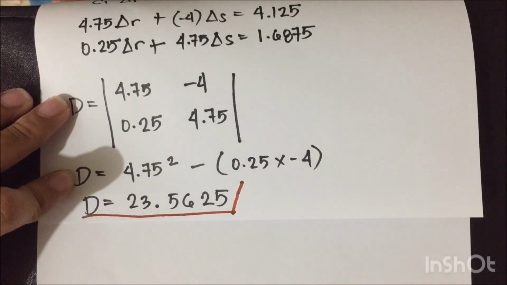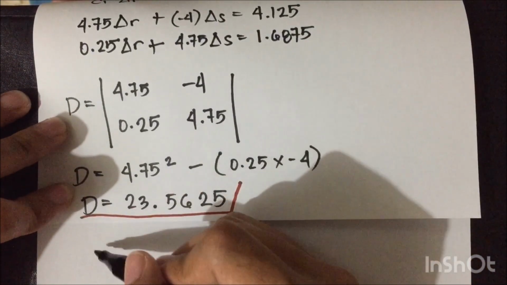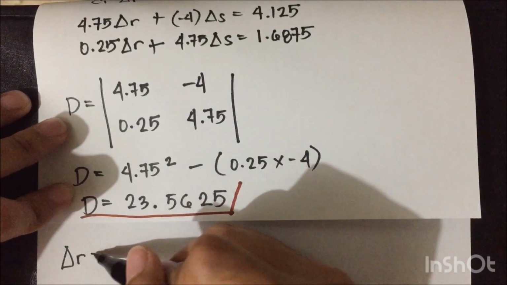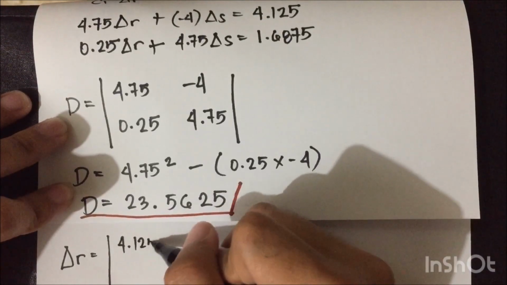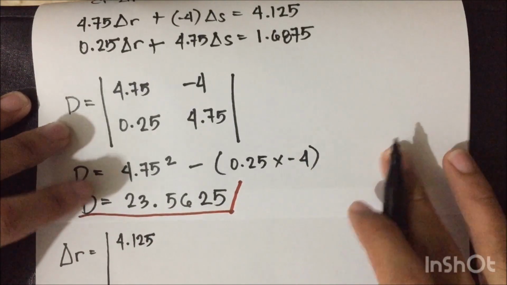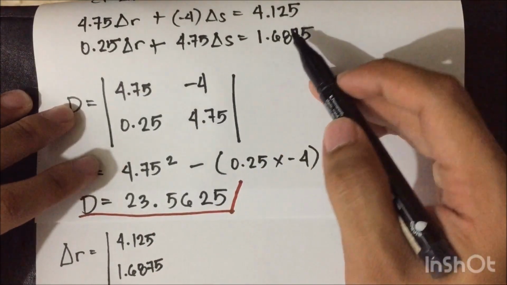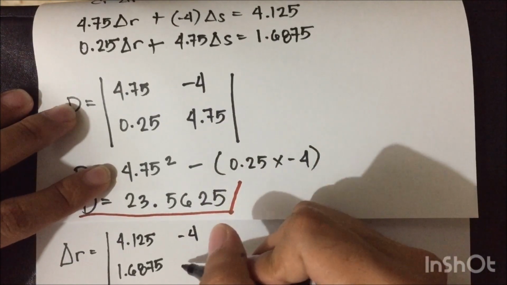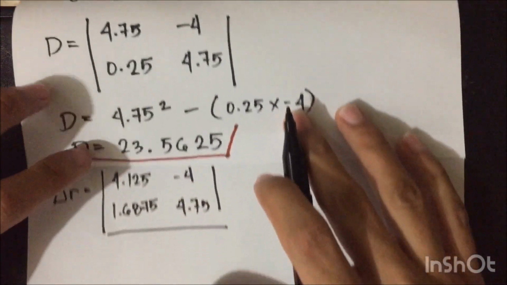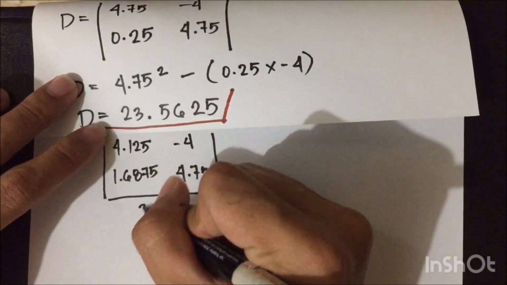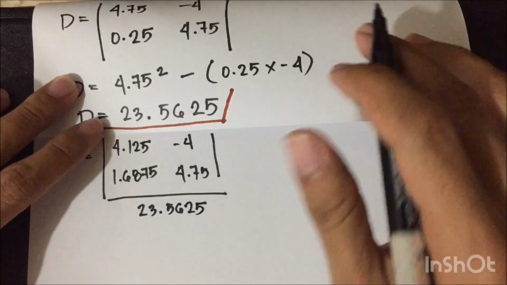Yan. So, sa pagkuha ng ating delta R, i-substitute na natin constant. So, 4.125, 1.6875, then ito, negative 4, 4.75 over yung ating determinant na 23.5625.